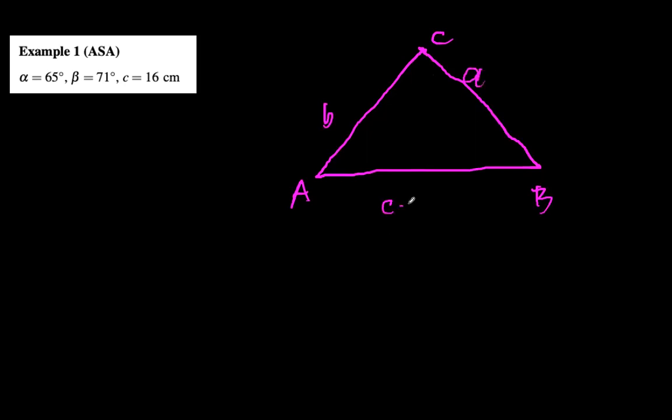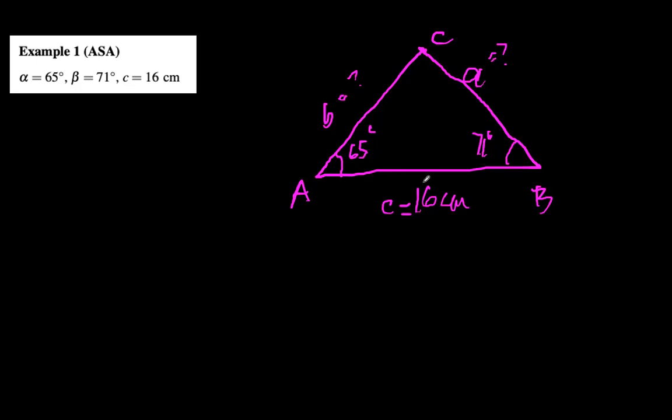Ayan. And our c is 16 centimeters. And our angle A, alpha, is equal to 65 degrees. And angle beta or angle B is 71 degrees. Yan, isa lang yung given, no? And we don't have side b and side a. So what kind of case is this?